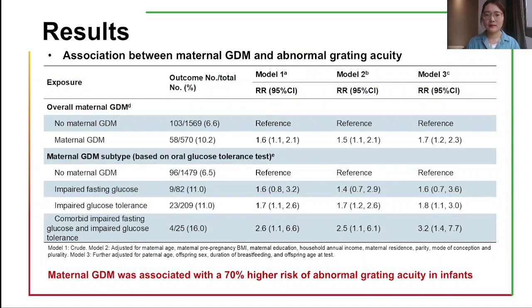We found that infants exposed to maternal GDM had a 70% higher risk of abnormal visual acuity compared with unexposed infants. When we further examined different subtypes of GDM, the association was strongest among mothers with impaired fasting glucose and impaired glucose tolerance.